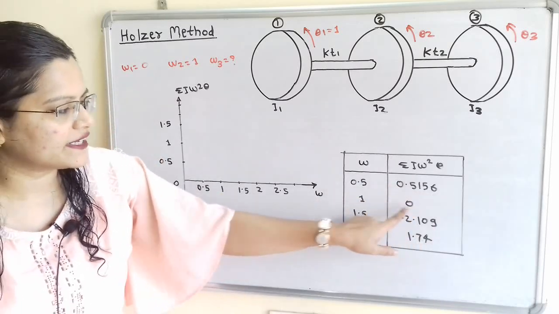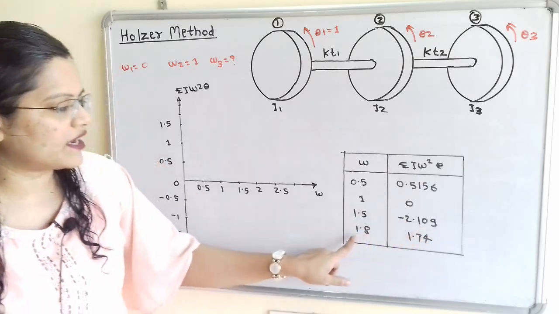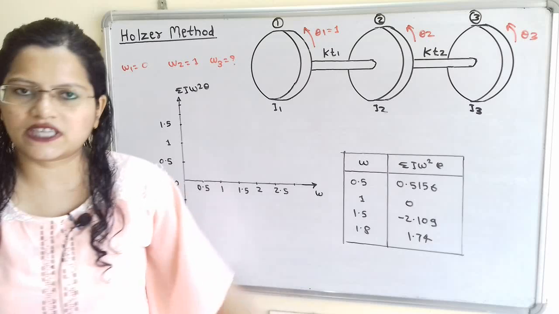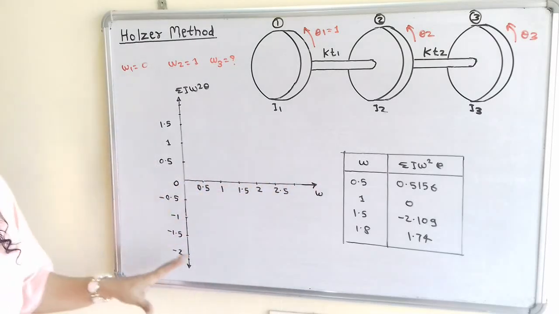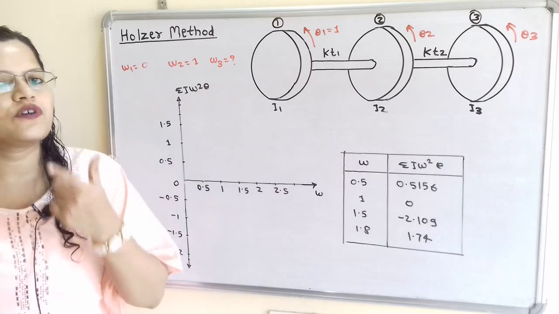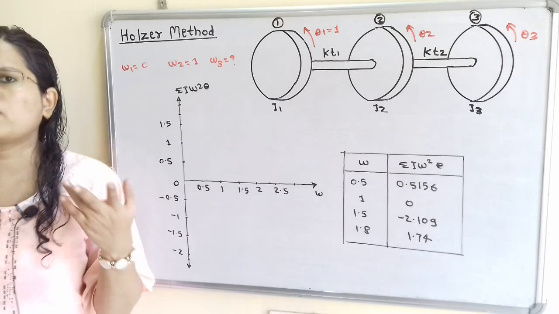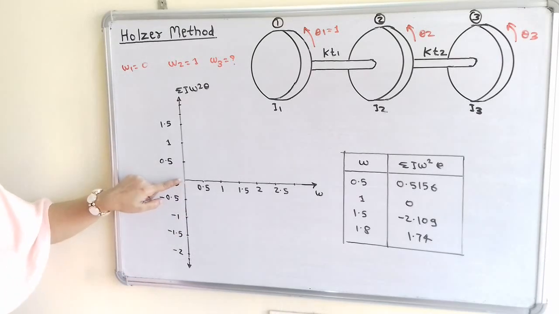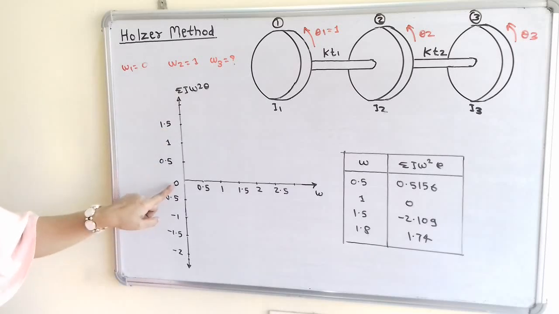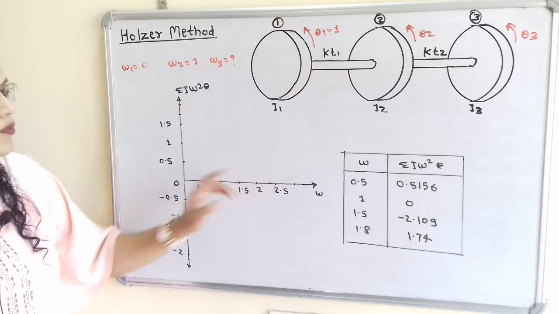0.5156. For 1, it is 0. For 1.5, it is minus 2.109. And for 1.8, it is 1.74. Now on the horizontal line, we will plot the values of omega. We will take any particular distance; you can take 2 cm or 4 cm as per the space available, and we have to start from 0. Here is a vertical line and the point of intersection is 0, then 0.5, 1, 1.5, 2, 2.5.